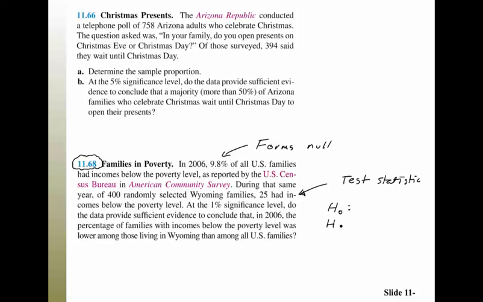So you can have an H naught, H A, and the key here is to get your alternative. We want to know if, based on this sample, they are below. So that's going to form your alternative. Can you do it in a couple minutes?